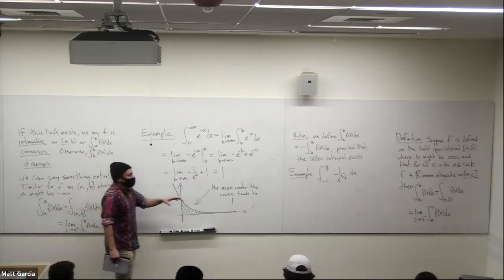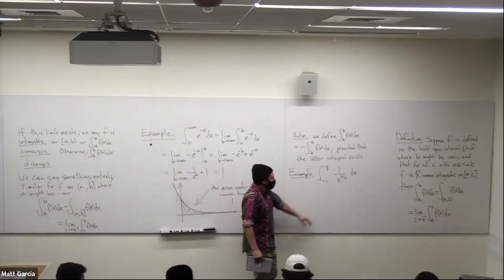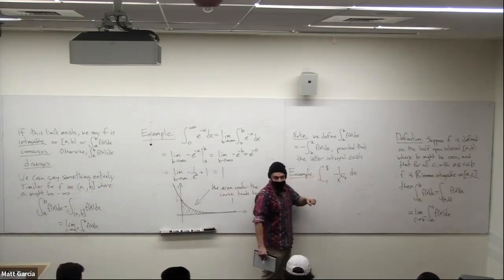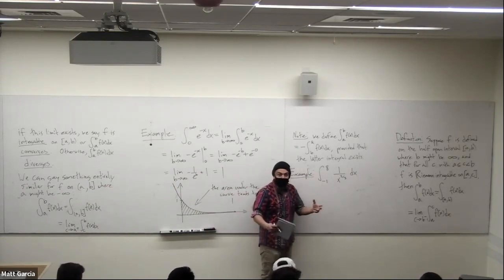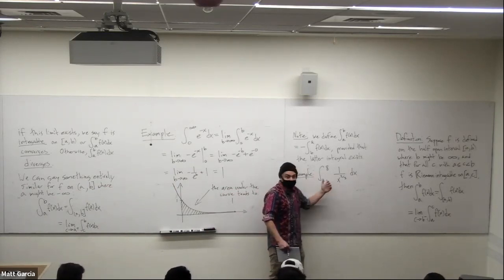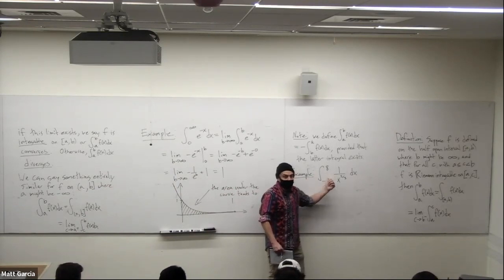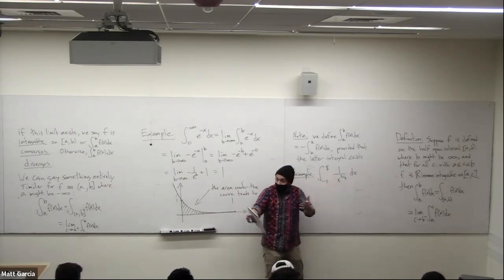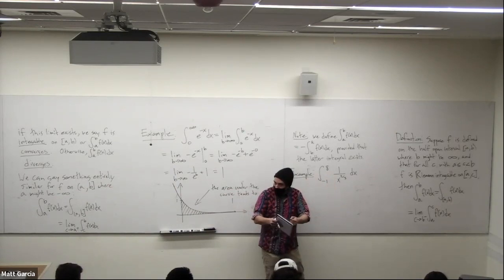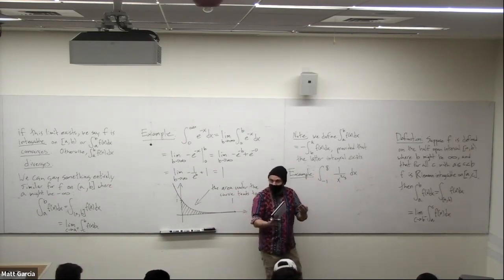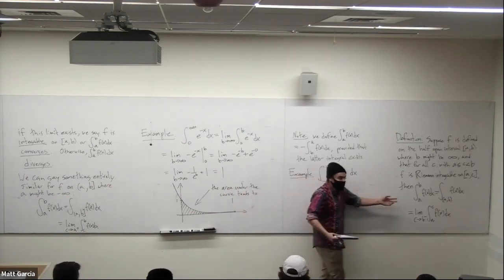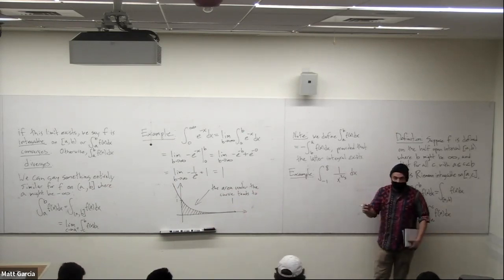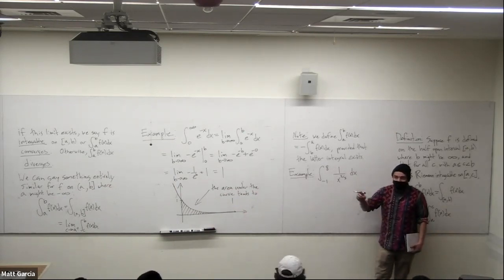So even though the definition we made had to do with the endpoints of the domain of integration, we have to be aware if our integrand is not defined somewhere within the domain of integration. And then we can do exactly what you said and split it up so that we have the situation of our definition where we have two intervals where each of them have an endpoint where the function becomes unbounded.